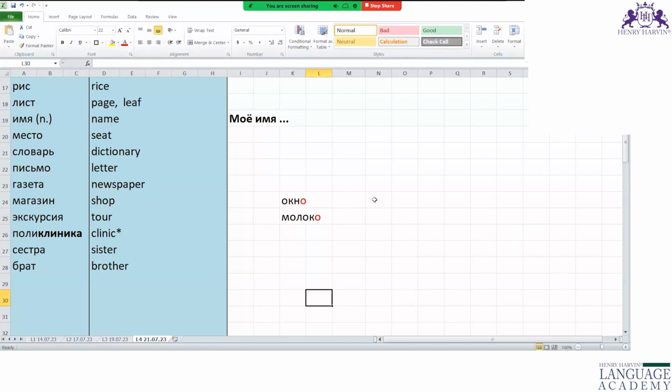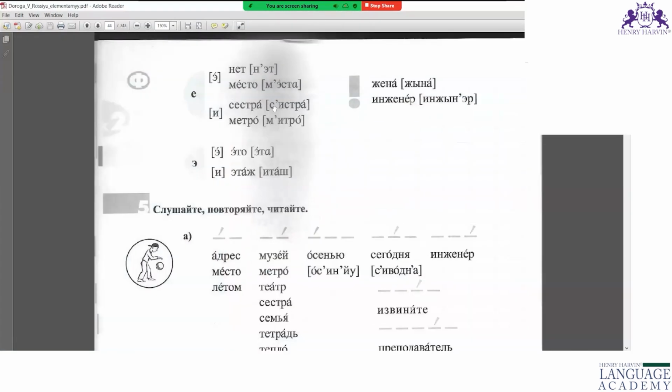So the same way works letter E. For example, the word сестра. Сестра. So you hear that letter A is stressed. Letter E is not stressed here. The stress goes on A. When letter E is not stressed, let's see in the book here, we pronounce it as I. Сестра.